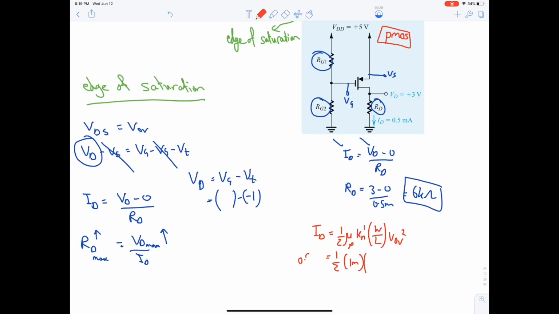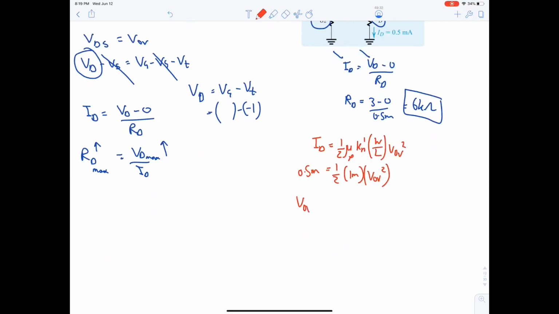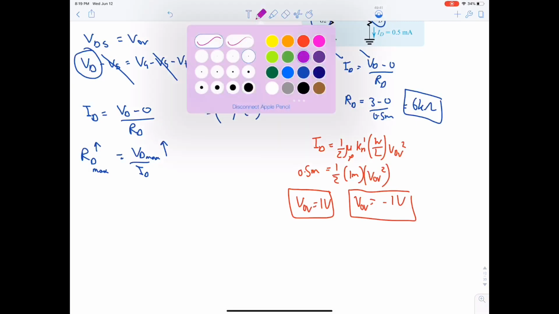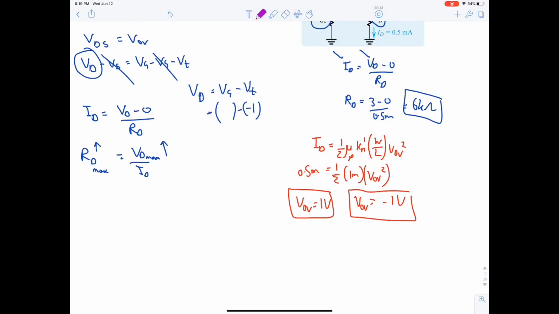This is 0.5 milli. This will give us VOV equal to 1 volt and minus 1 volt. Which number should we pick, the positive number or the negative number? We are in PMOS, hence we need the negative number. We will cancel the positive number. So VOV is minus 1.